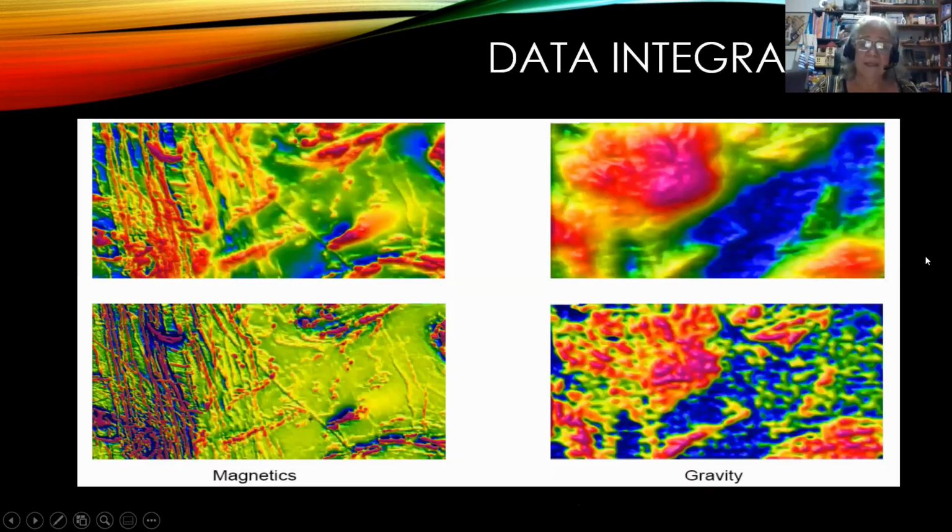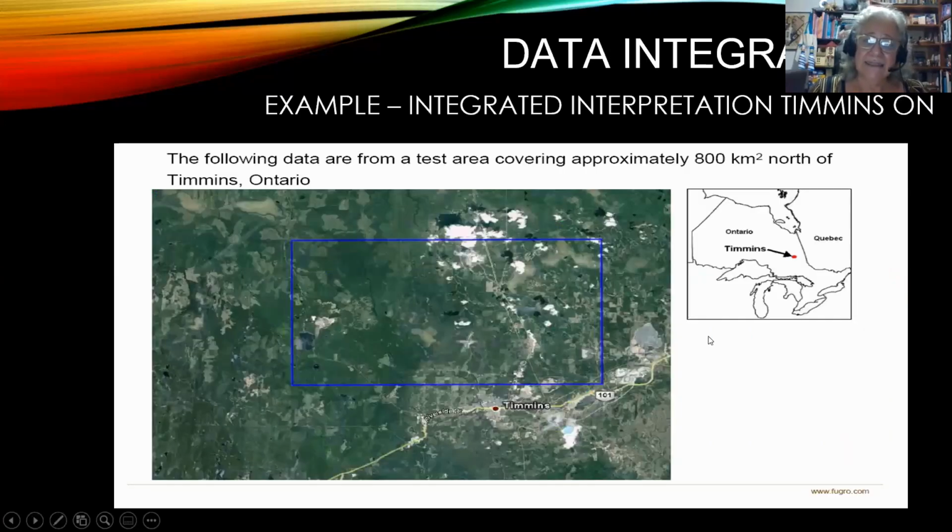And this is an example of data integration using magnetics and gravity, which adds a lot.